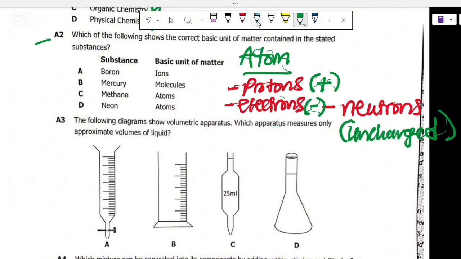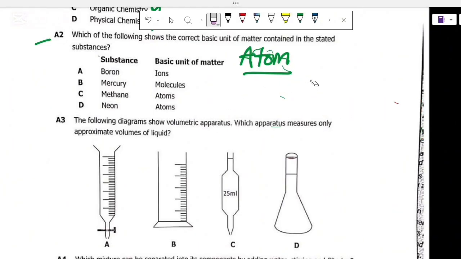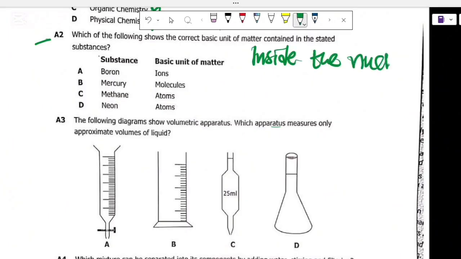Now, when you look at an atom, you realize that protons and neutrons are in what we call the nucleus of an atom. So inside the nucleus, you have protons and neutrons.